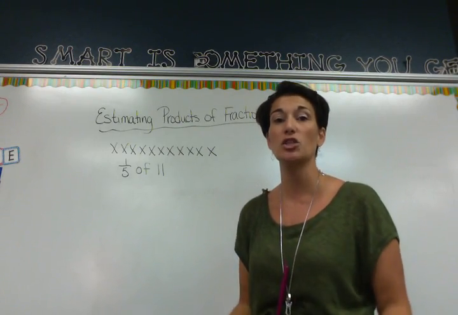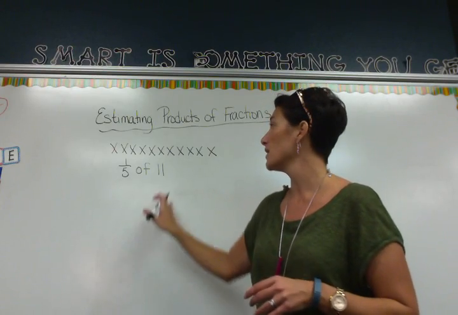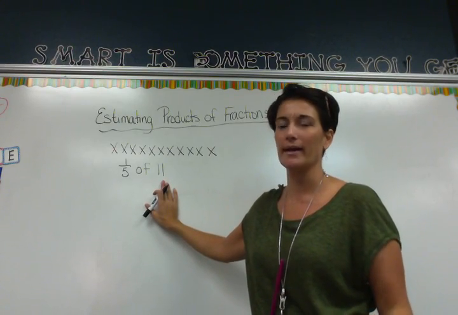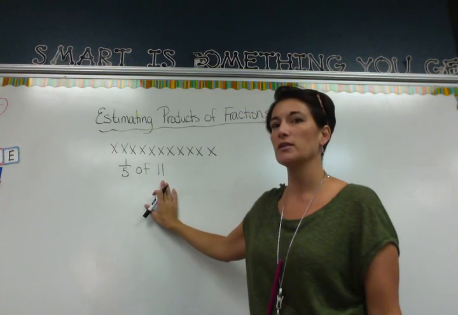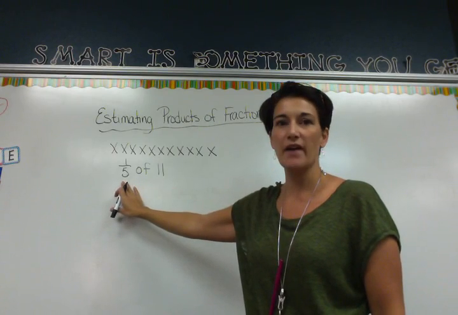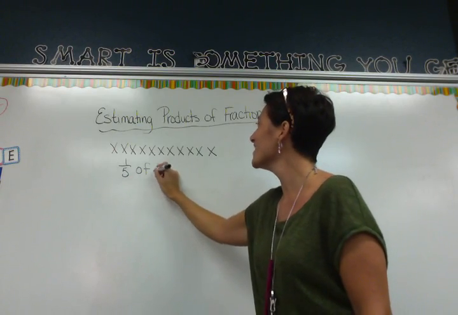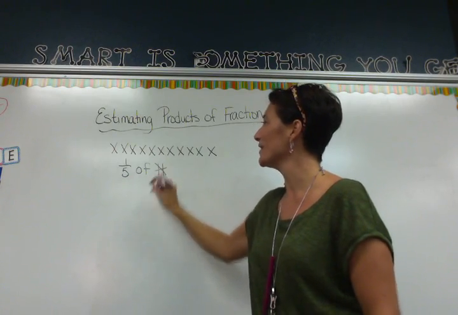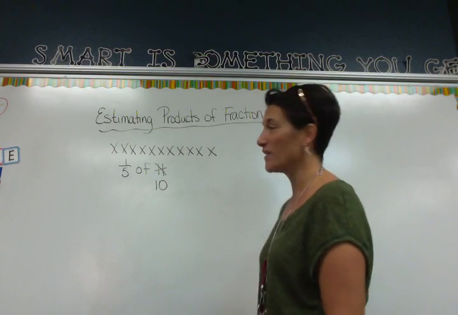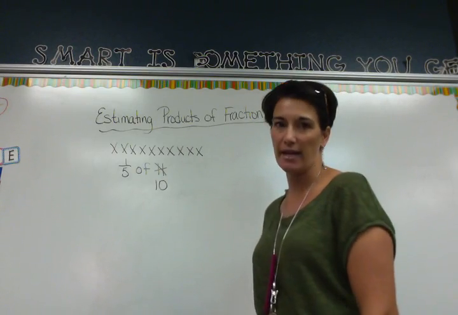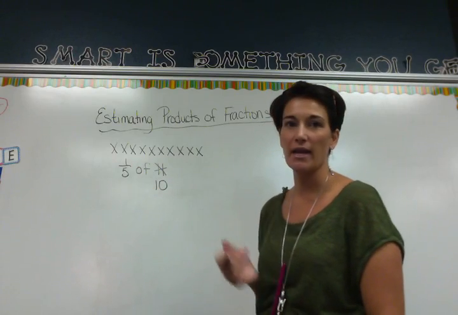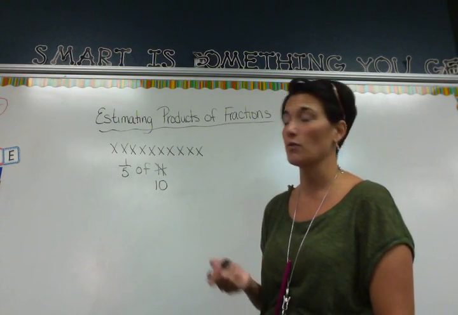So we are going to change the whole number in the problem. So I would look at 11 and say, all right, what number is really close to 11 that I can divide by 5? And you would say 10. So I would change this to 10. I'm going to take off an X because we're estimating today. And I would split my group of 10 into 5 equal groups.